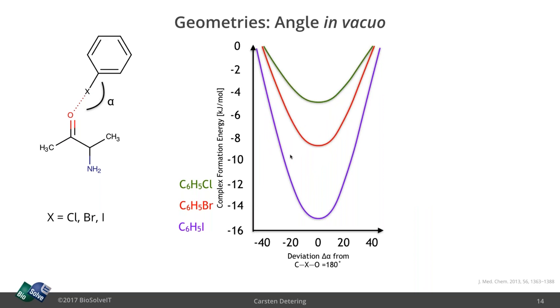Again, these were calculations done in vacuum, so very likely this might be very different in the solvent. There's not very many things known about how halogen bonds actually do behave in the solvent. But the minimum energy angle here is around 180 degrees, and as soon as you move away from this, you lose a lot of energy.